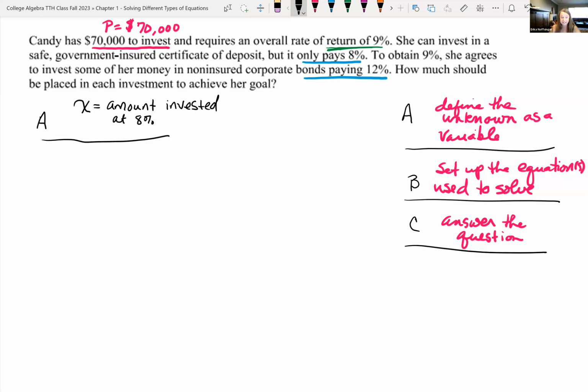Well, we know that she has $70,000 total to invest, and X dollars of that is what she's invested at 8%. And so I know that $70,000 minus the amount that she's invested at 8% would have to be the amount that she's invested at the 12%.